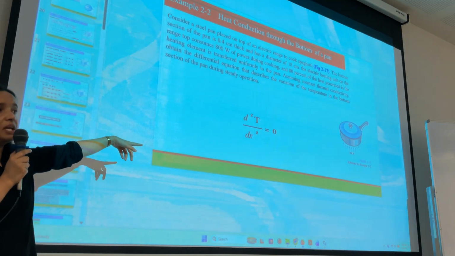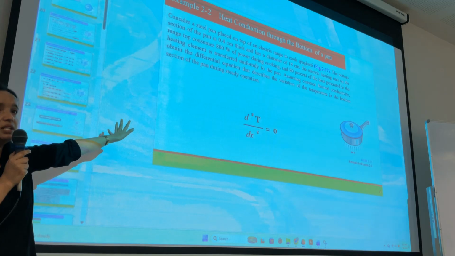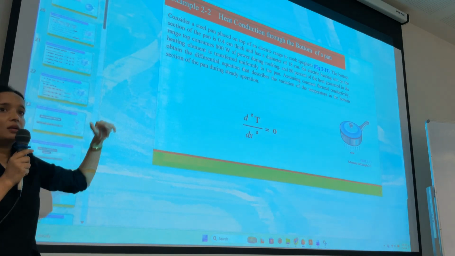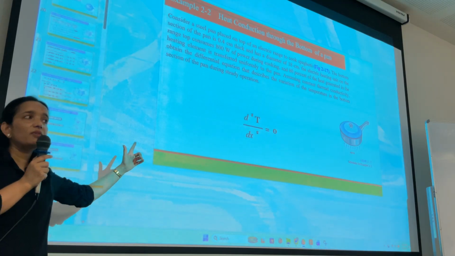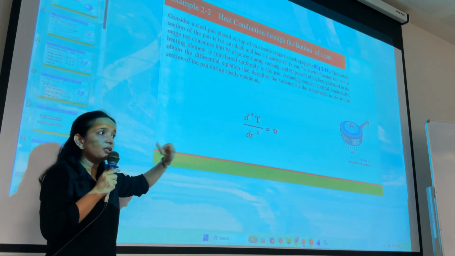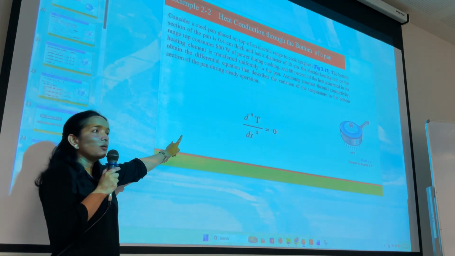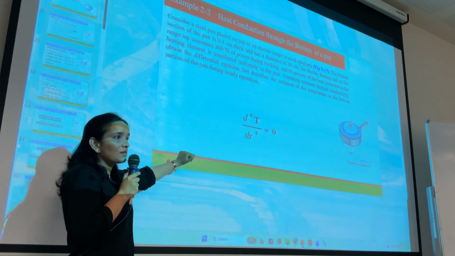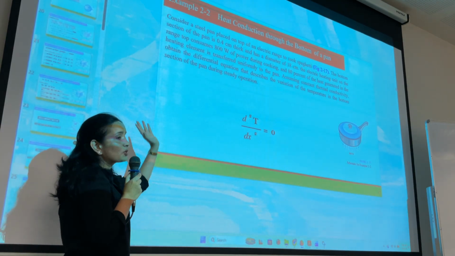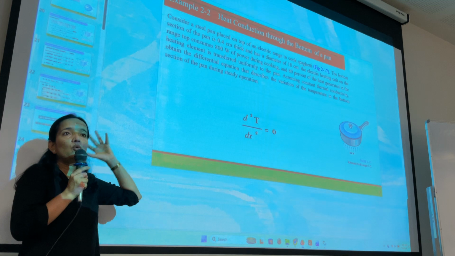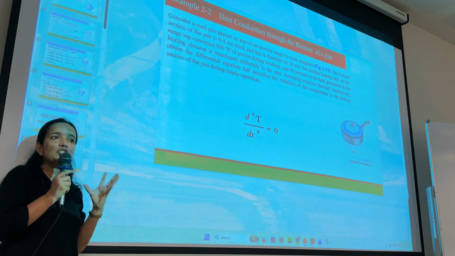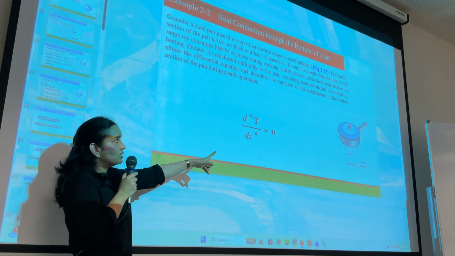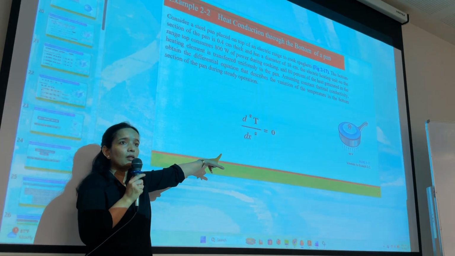Why are we using a plane wall equation to describe the heat transfer in this pan? The bottom of the pan is circular or cylindrical. Then why are we using this? This is correct, by the way, this is correct. But why? So this question is asking us to provide the differential equation that can explain the heat transfer at this pan.